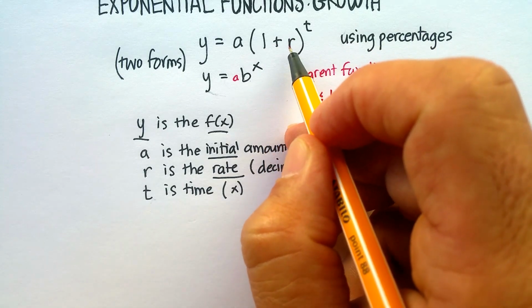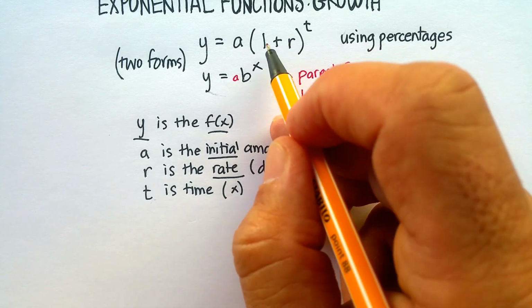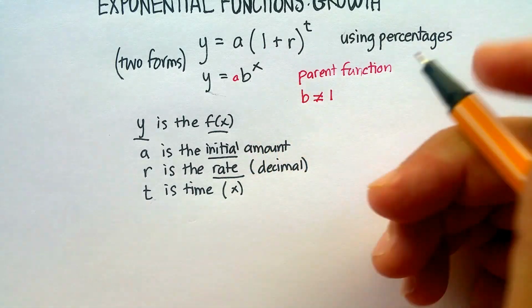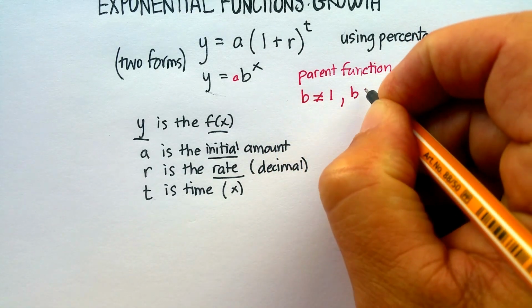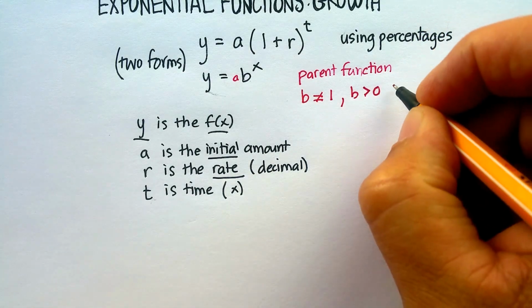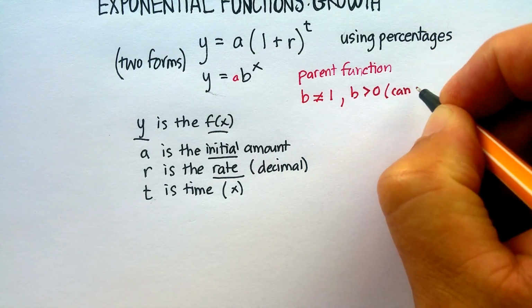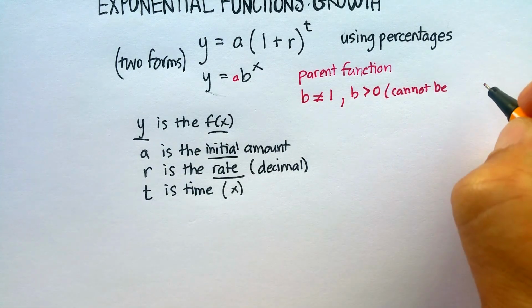So that's why we always are adding something to that. So you could say increases or decreases at a certain rate, but it's 1 plus or 1 minus. So it can't equal just 1, and b has to be greater than 0. Okay? So it can't be negative. It cannot be a negative number.